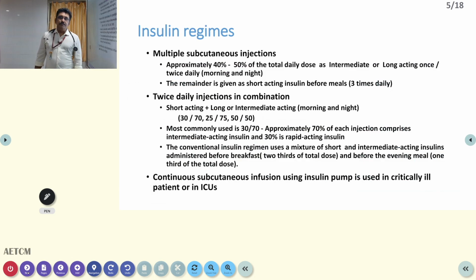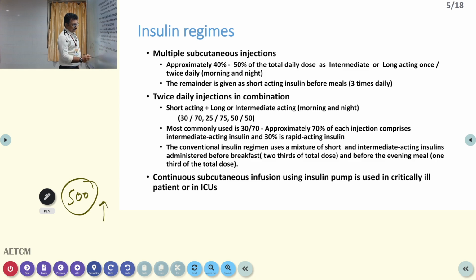Now insulin regimes. So there are different types of regimes. Doctors use different types of regimes. Suppose the blood sugar is 500 in a patient. Just for example, I can give 20 units regular insulin in the morning, 20 units in the afternoon before food, and 20 units before night. So totally you'll be taking 60 units.